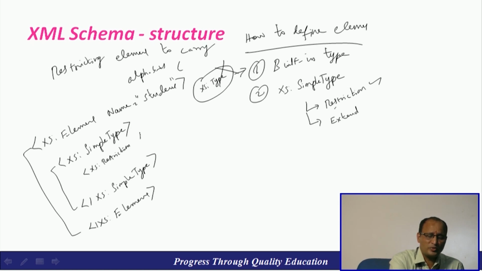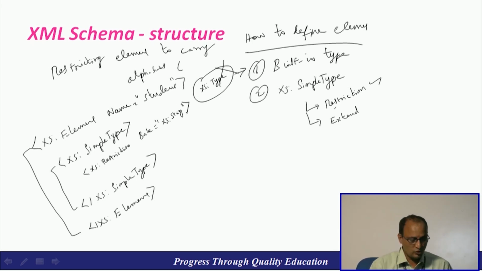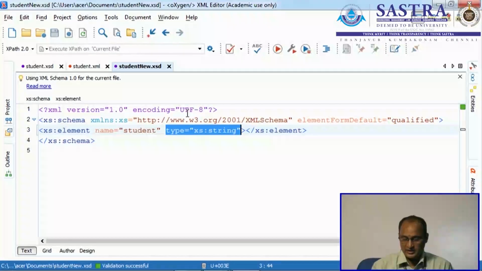in which I need to specify the base data type. Base is one of the attributes. XS colon restriction, base equal to, I can give XS colon string. Then I will show you how to do this with the Oxygen editor.